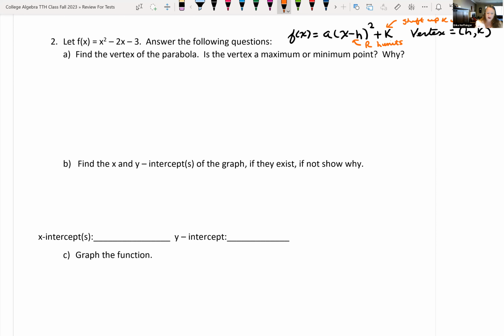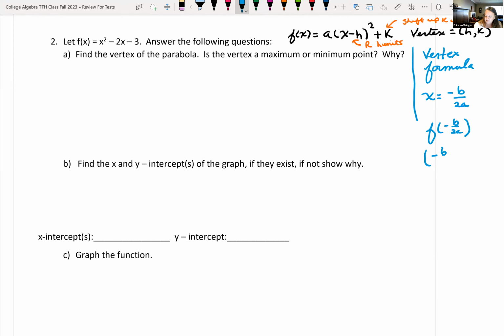The other way that we could find this is there's a vertex formula. And the vertex formula states that the x value of the vertex is negative b over 2a. And the y value of our vertex, well, we're just going to plug in what we found for x to be of the vertex into our function. If it was f of x, it would be f of negative b over 2a.